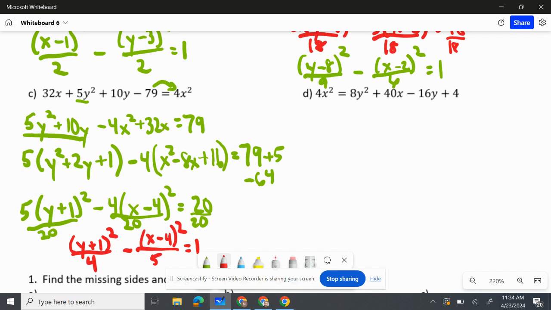So our last one, I'm going to bring the 4 over. And so I have 8y squared minus 16y minus 4x squared plus 40x. And then I'm going to bring the 4 over, so it's negative 4.